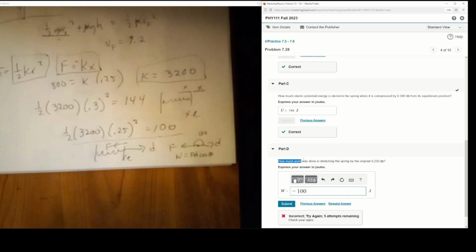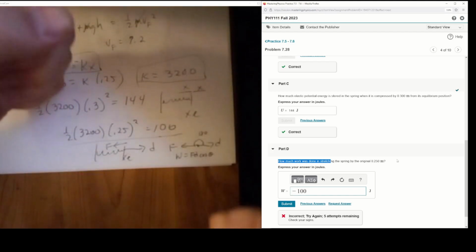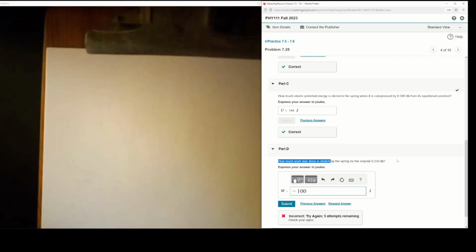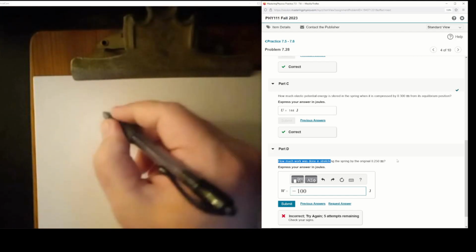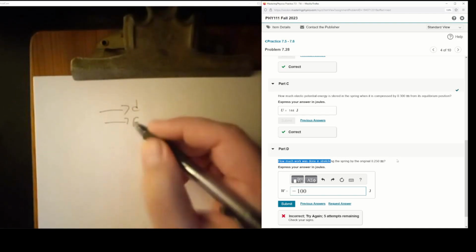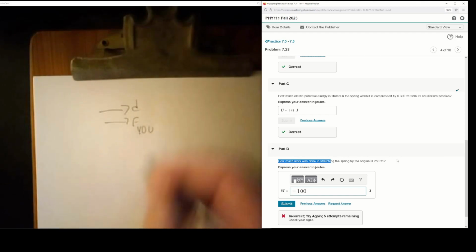It's asking how much work was done in stretching. So there are two things happening here. Either you are stretching the spring, you're pulling it apart, which means you are doing work. If you're stretching the spring to the right, that means the force you apply is also to the right. So this is you.